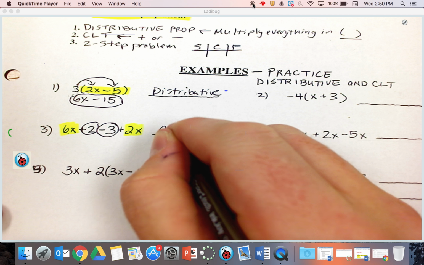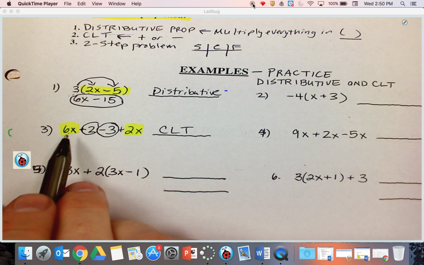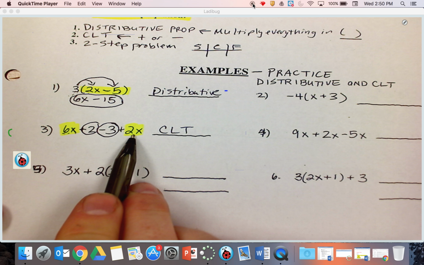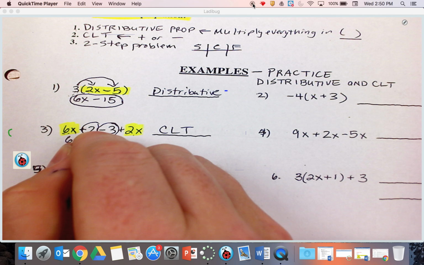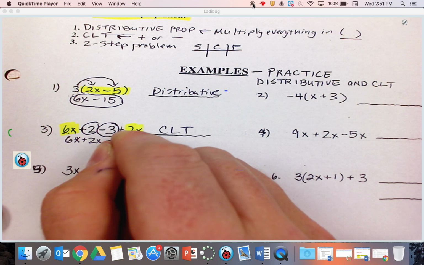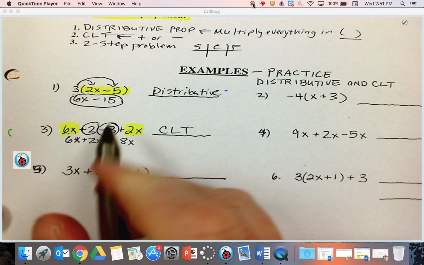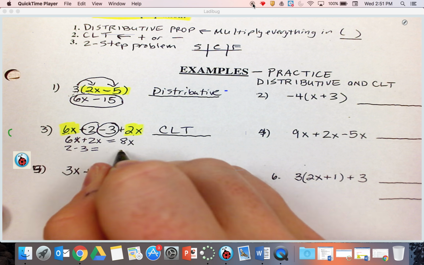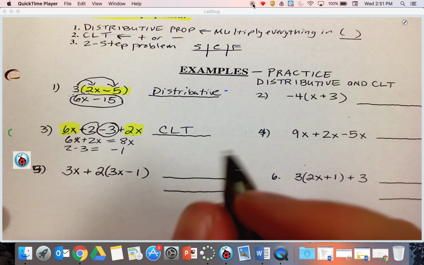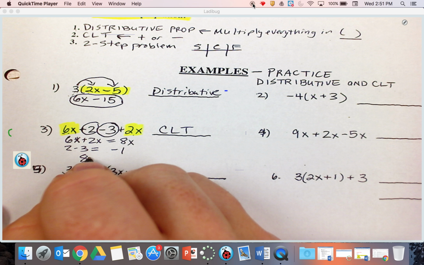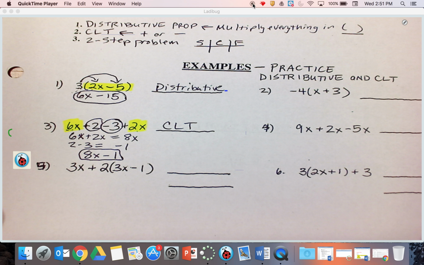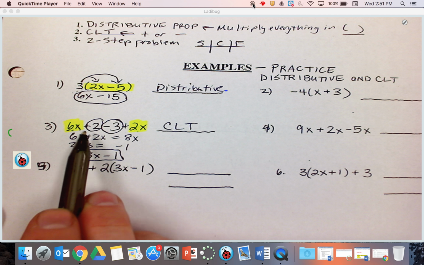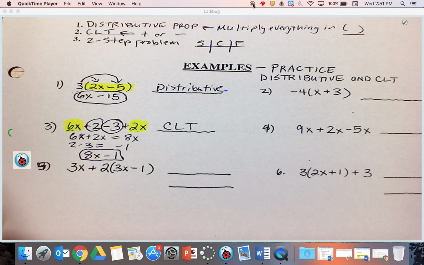This is combining like terms. 6x plus 2x will give me 8x. 2 take away 3 gives me negative 1. And so I put these together, and my simplified expression is 8x minus 1. And I'm done. I combine my two variable terms together and my two constant terms together.